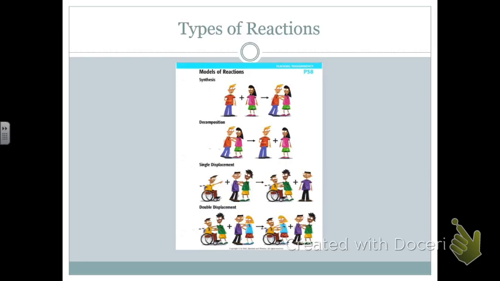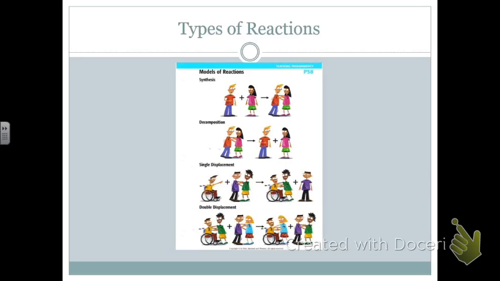Single displacement, you have the one young man by himself, you have the couple or the pair, then you have the young man in the wheelchair is now part of the pair, and the boy in the purple shirt is all by himself. He represents the single element that got replaced or displaced in the pair. In the last one, double displacement, you've got two pairs, and if you notice, the boy in green switches places with the girl in blue, and you end up with two new compounds.